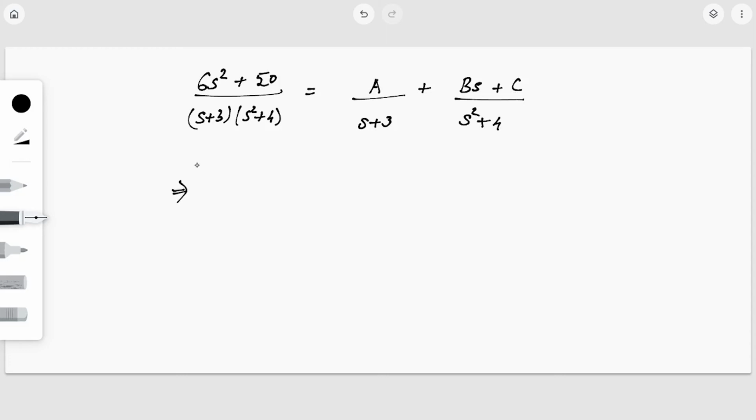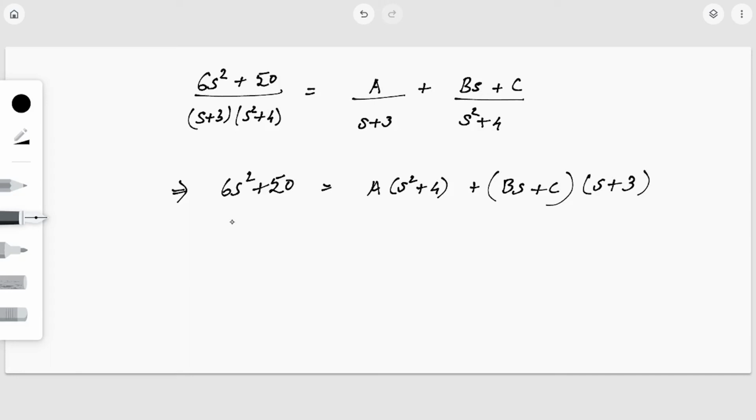So this implies, taking LCM and equating the numerator part because the denominator is common, 6s² + 50 = A(s² + 4) + (Bs + C)(s + 3).